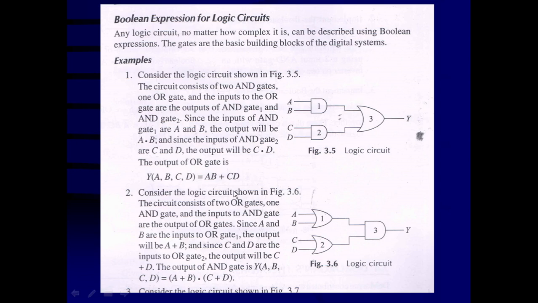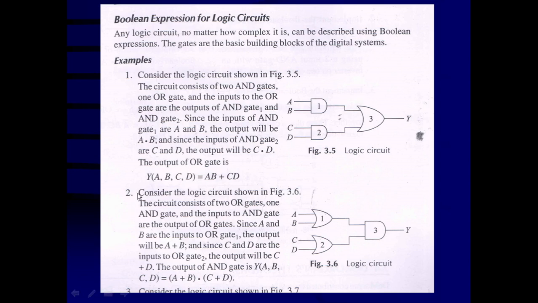So this way we can convert a logic circuit into the Boolean expression. Any logic circuit can be represented in a corresponding Boolean expression like this. Here we know that the output Y is a function of four variables A, B, C, D.